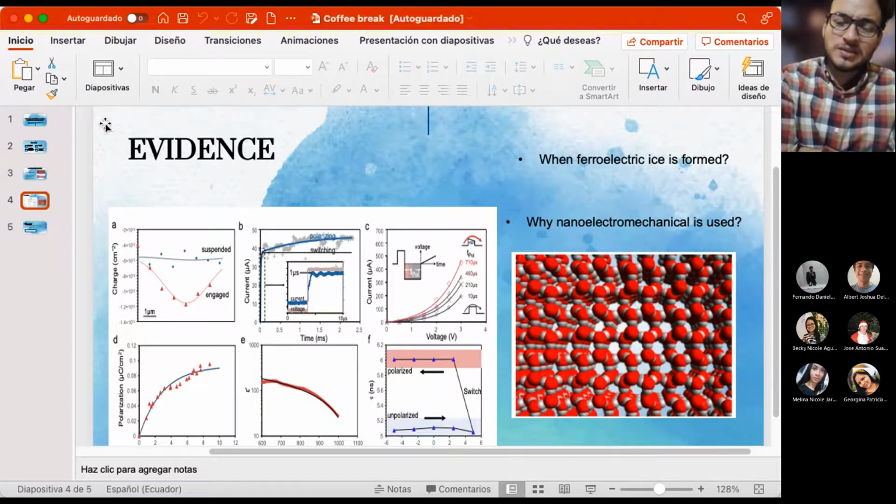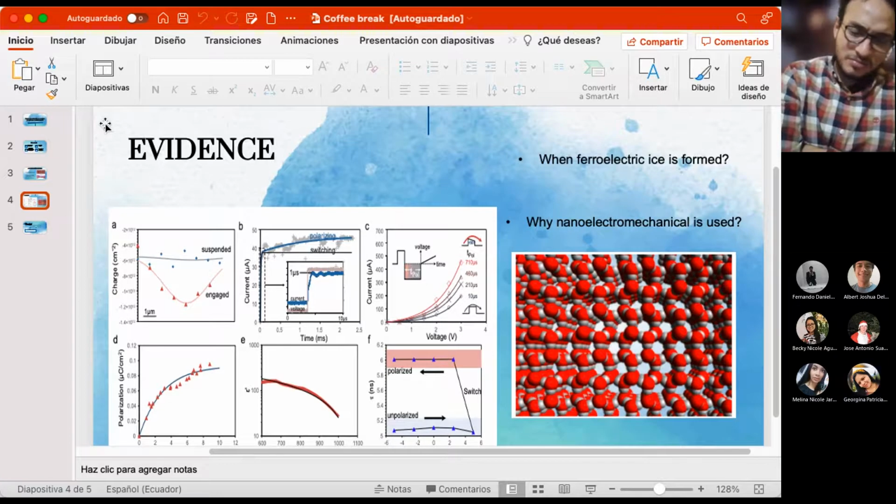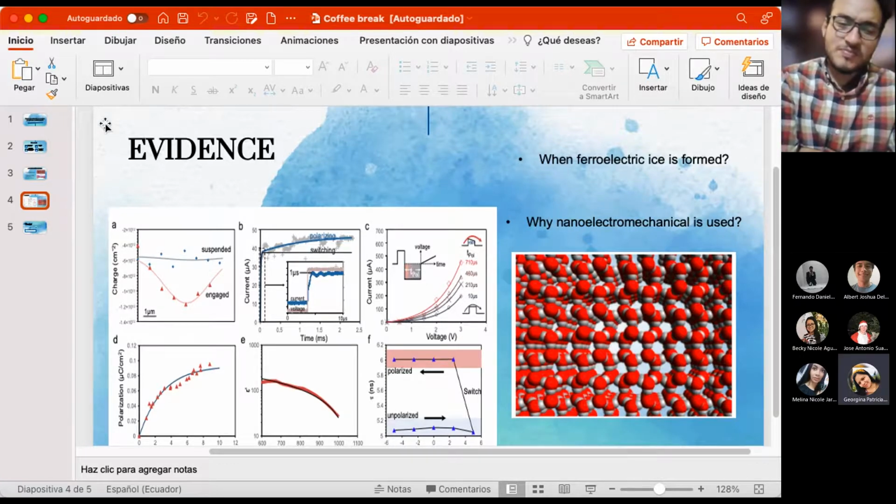But I don't really see different polarization conditions, or are you just referring to different times? I don't really get it. But okay.